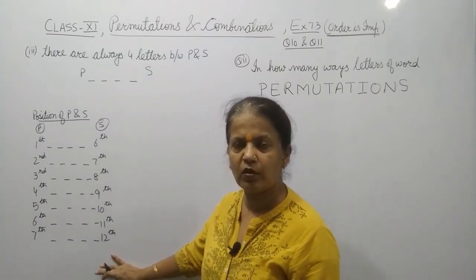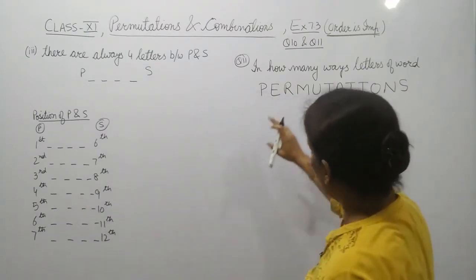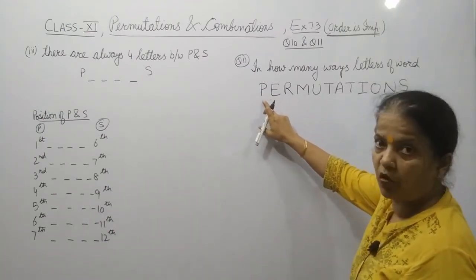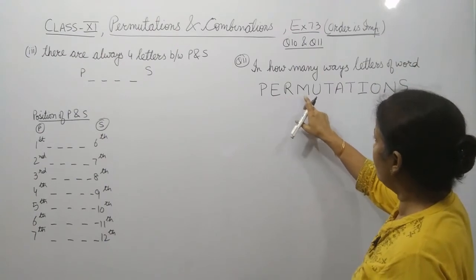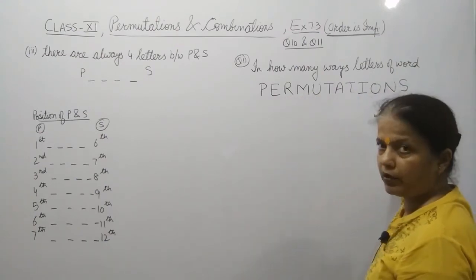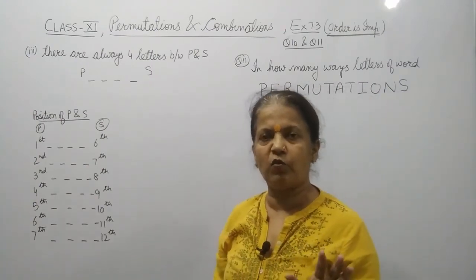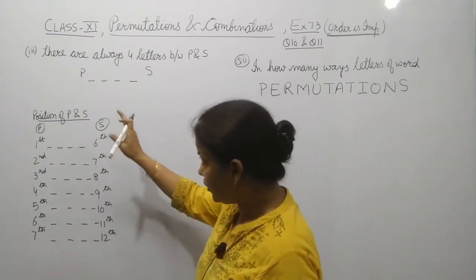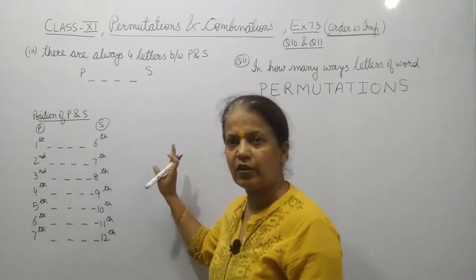No. Why? Because if you count the number of letters here, 1, 2, 3, 4, 5, 6, 7, 8, 9, 10, 11 and 12, we can go up to the 12th position only. After that we can't go. So these are the positions of P and S.